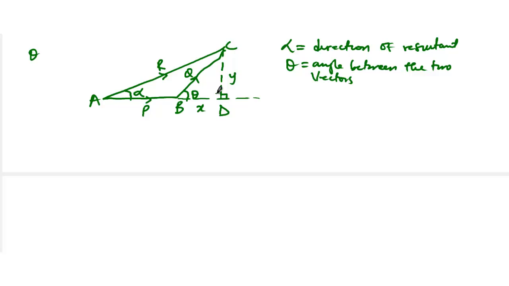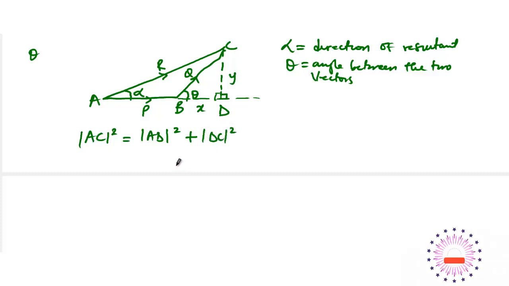Don't forget it's a right triangle, so the side facing the right angle is the hypotenuse. So the resultant AC square will be equal to AD square plus DC square. Pythagorean theorem states that the square of the hypotenuse is equal to the sum of the squares of the other two sides.